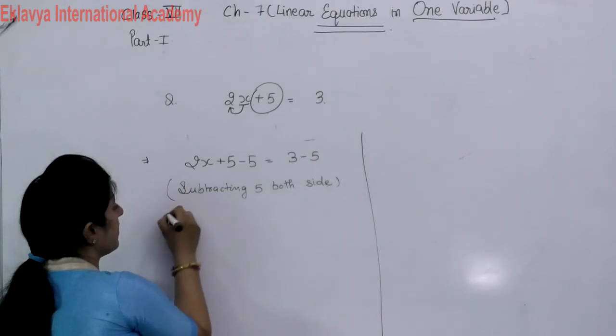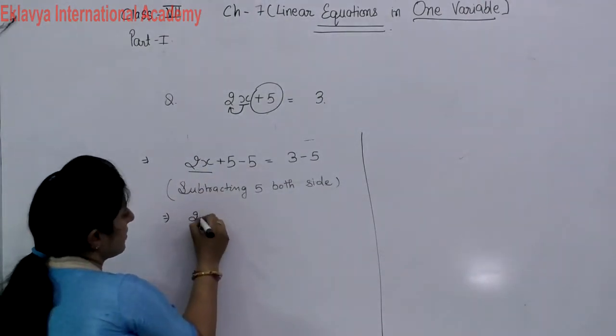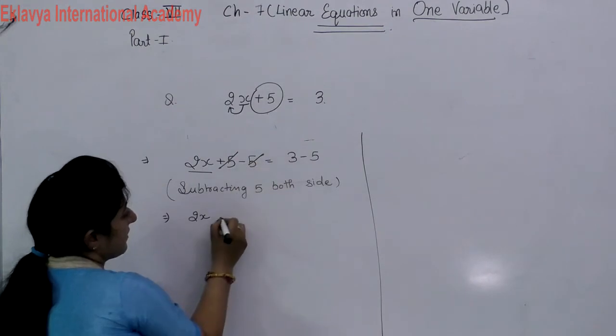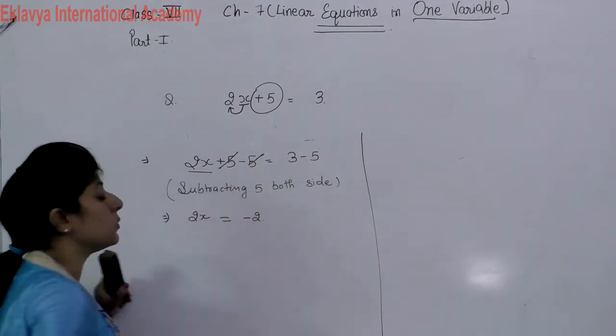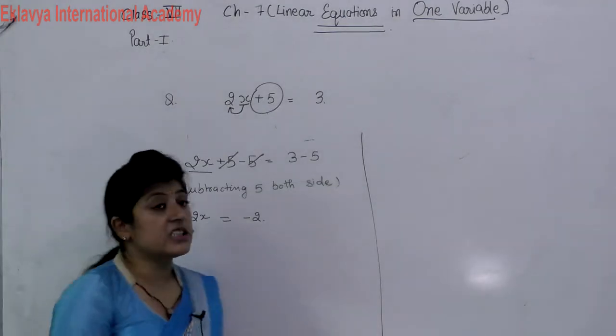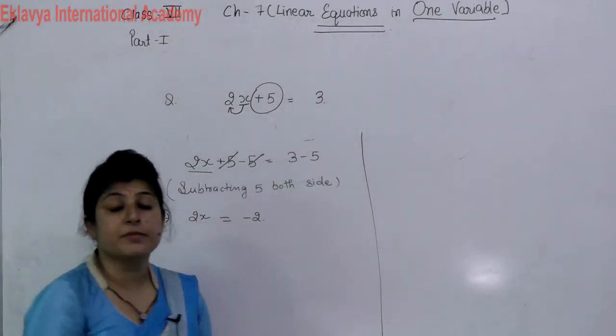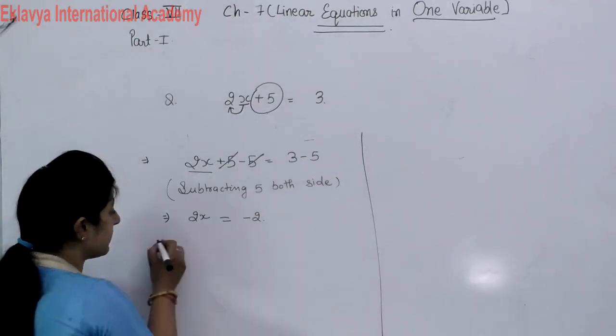Now see, 2x + 5 - 5 cancels out, and 3 - 5 is -2. Again, this is not only x, this is 2x, so we will perform one more operation here.